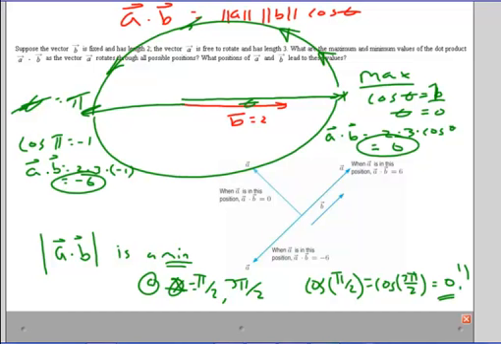So the dot product there will be 0. So again, the idea of the dot product is it is multiplying vectors in their same direction.